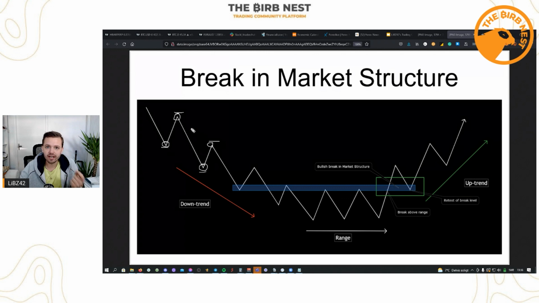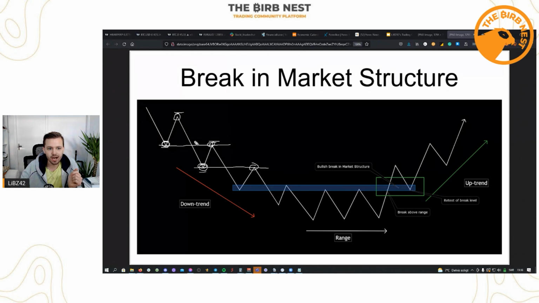And these are not only key points in identifying market structure, they are also key points in identifying horizontal support and resistance structures, right? So you can see here that if you draw a horizontal level right here, you will see that it's support here and resistance here. Draw a line here and you will see that you have support here and resistance right here.